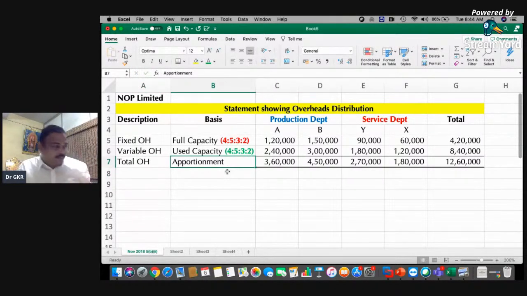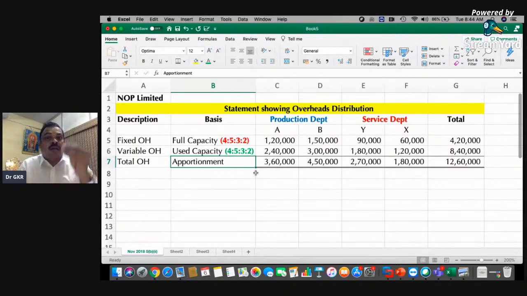Allocation is direct. For example, there are certain overheads spent exclusively for the respective service department or production department, for example, overhauling of a machine. Overhauling of a machine will be done with respect to the respective production department only. So directly you can allocate that. You need not apportion it.